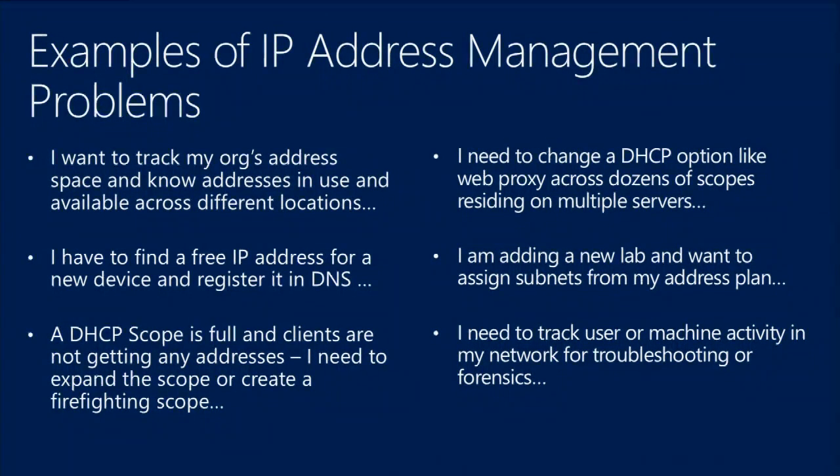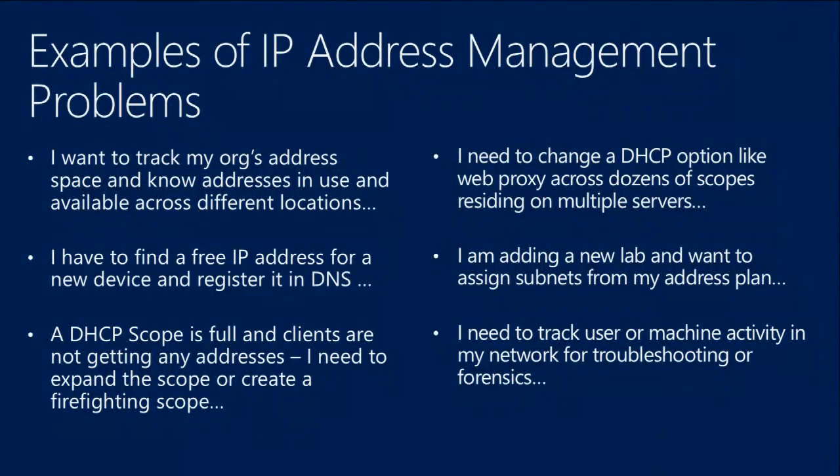Now he needs to provision additional scopes by means of, for example, a DHCP superscope on that particular DHCP server. Another common task that an admin has to do is, let's say he has to update the DNS server which is distributed by the DHCP server, and let's say the DNS server has been migrated, or he needs to update the WPAD, which is the web proxy auto detection location of that script.